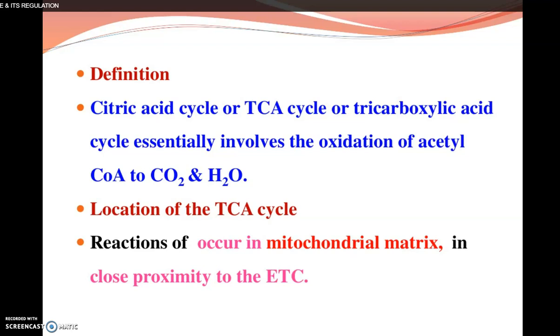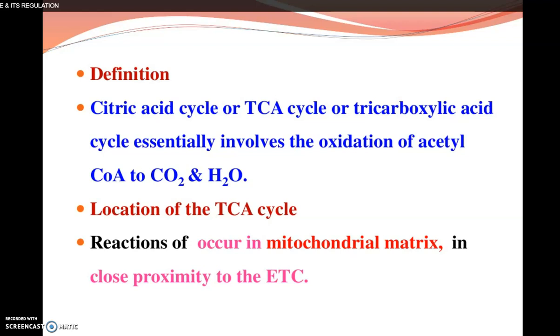Now the location of the TCA cycle, where TCA is happening: the reactions of TCA occur in the mitochondrial matrix in close proximity to the ETC. If you remember the mitochondria structure, there was an inner layer of mitochondria, the outer layer, and in between the two layers there was a matrix.